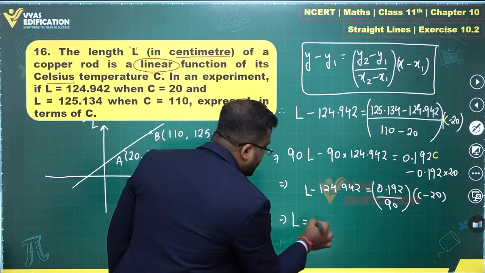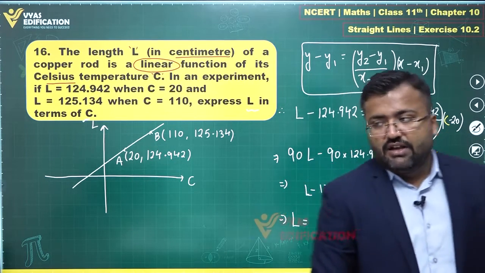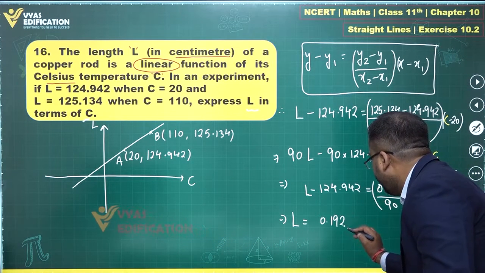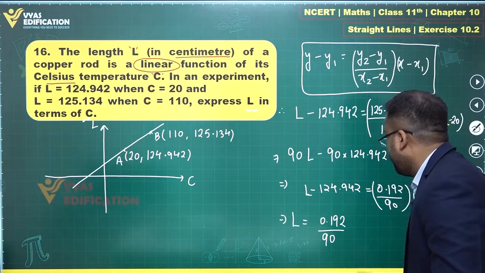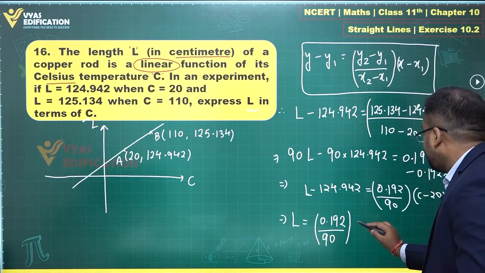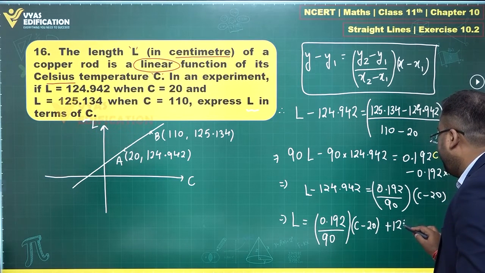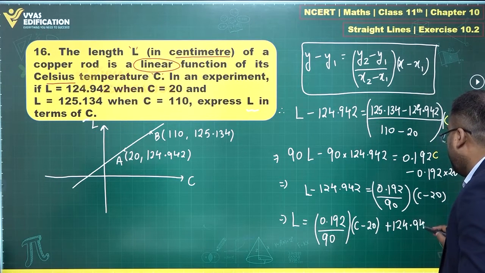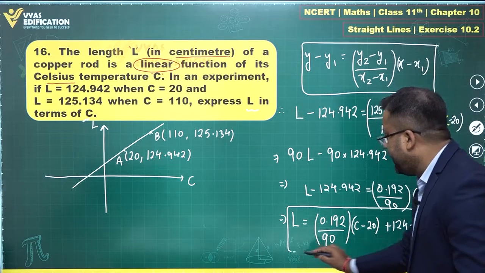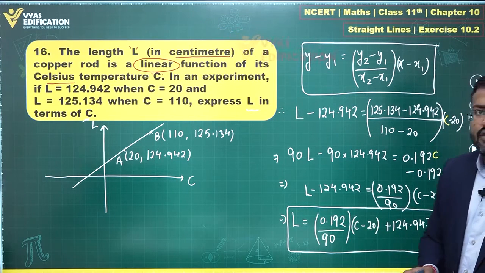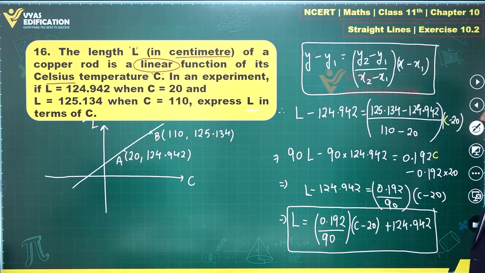And this tells me L equals, pretty simple, L will be equal to, in terms of c, 0.192 upon 90, okay, times c minus 20 plus 124.942. You do not need a relation in x and y, you need L in terms of c, and this is the value that I am getting. This is what I will be having.